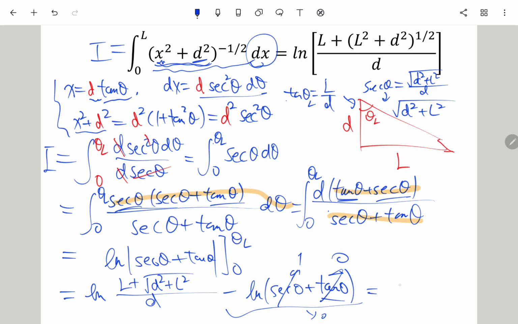So finally, we have the natural log of L plus the square root of L squared plus d squared, over d. So this is how we can tackle this integration.